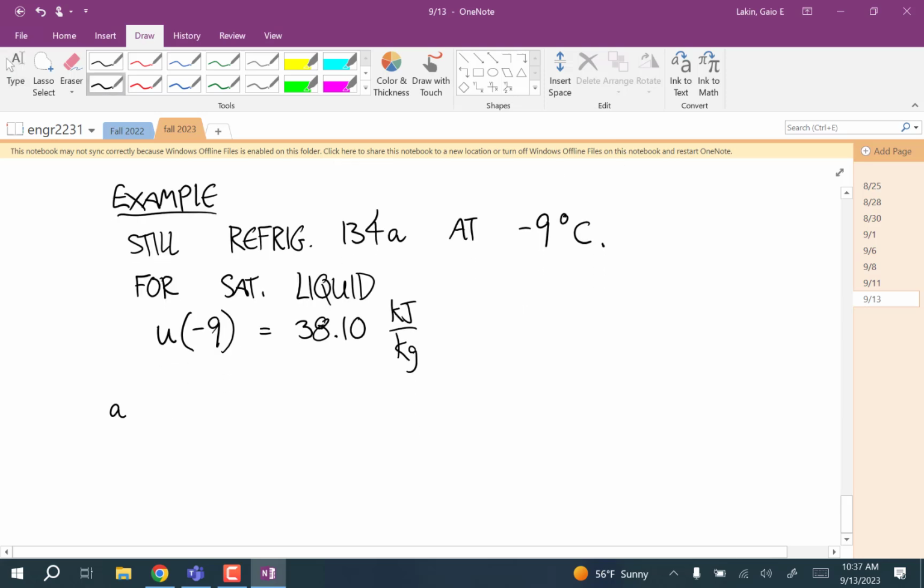So first, we want to approximate the specific internal energy at -9 degrees Celsius for a saturated vapor.